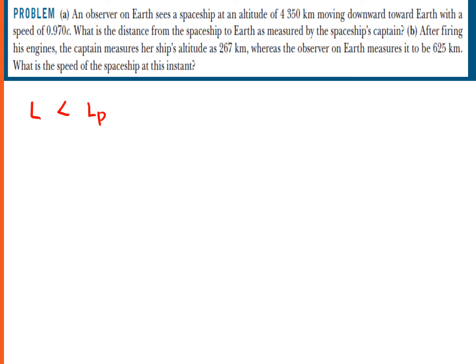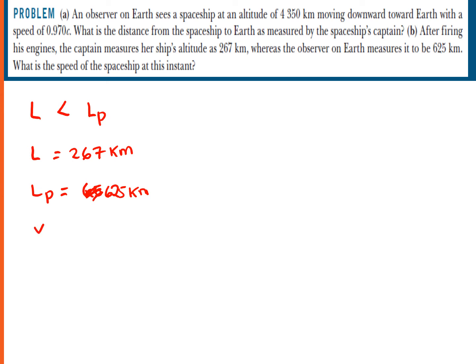Therefore, of these two distances, L would be equal to 267 kilometers, whereas the proper length, or the length as measured by someone who is stationary with respect to the object, in this case the Earth, would be our LP, that is 625 kilometers.